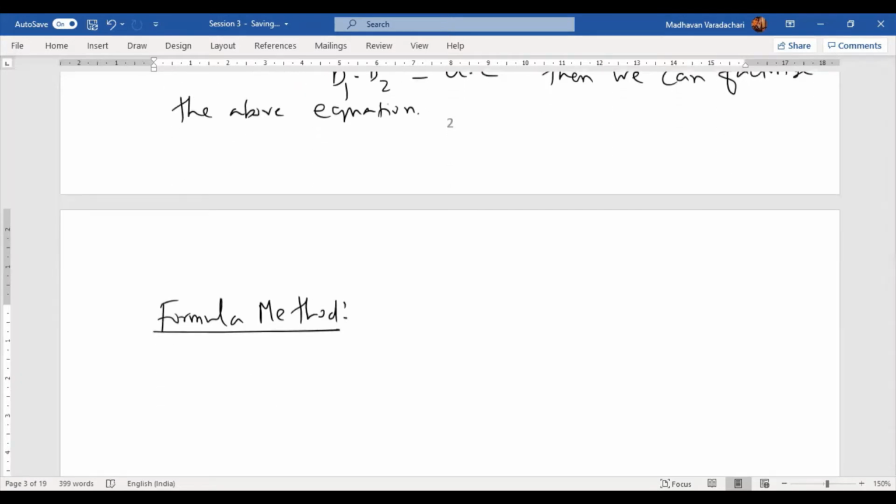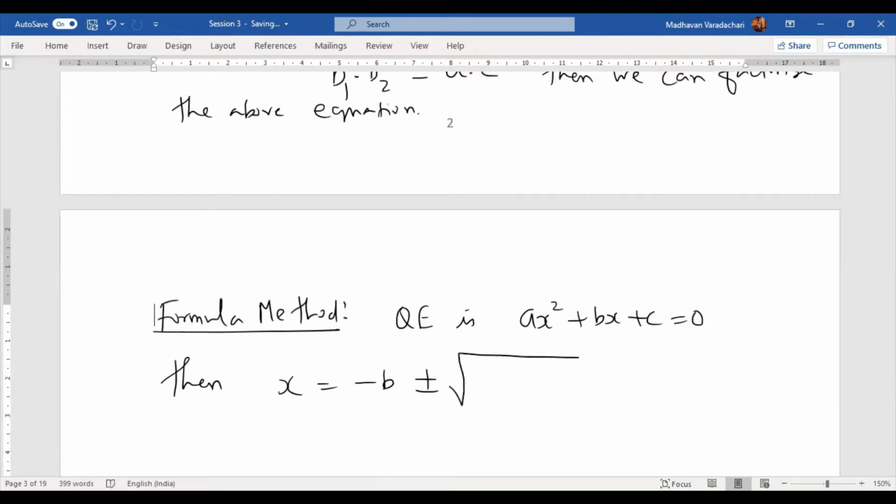We have the quadratic equation ax square plus bx plus c equal to 0. Then we can find out x as minus b plus or minus square root of b square minus 4ac divided by 2a.